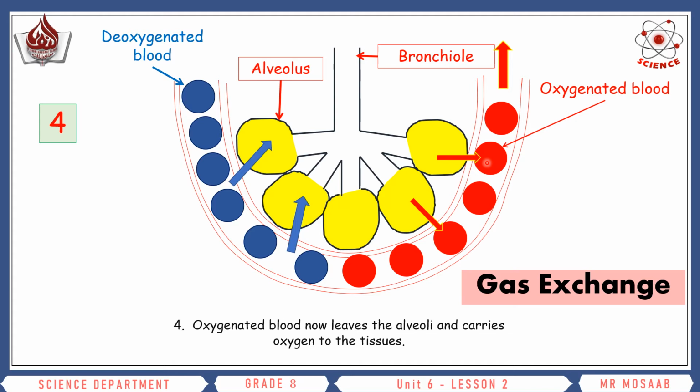This is gas exchange, what exactly happens, and all these steps take place at the same time. Inhalation and exhalation is a very fast process. So oxygen always diffuses from the alveoli into the bloodstream, and carbon dioxide at the same time diffuses from the bloodstream into the alveolus.